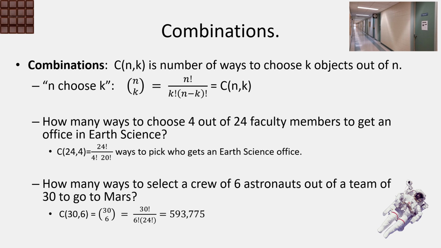And in fact, this notation is pronounced as n choose k, and C(n,k) is another way to write it, but chances are you're going to see this as n choose k. And this is exactly the formula that we just derived. N choose k is n factorial divided by k factorial divided by n minus k factorial. So n factorial is the numerator and k factorial times n minus k factorial is the denominator.